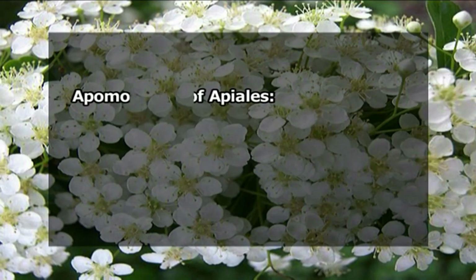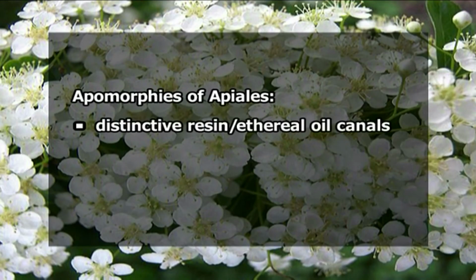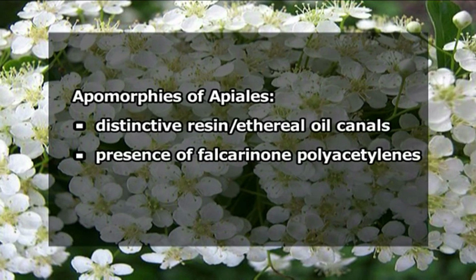Apiaceae and the three sister families share common features, which we call apomorphies. These apomorphies in these four families are distinctive resin or ethereal oil canals. Also, they show the presence of falcarinone-type polyacetylenes. And lastly, all these four families have a tiny embryo.